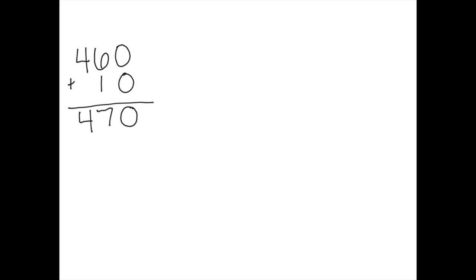Let's look at 470 drawn out as a place value picture. I know I have 4 hundreds, so I'm going to draw 400 boxes. I know I have 7 10 sticks, so I will draw 7 10 sticks. And I do not have any ones, so I'm not going to draw any circles.